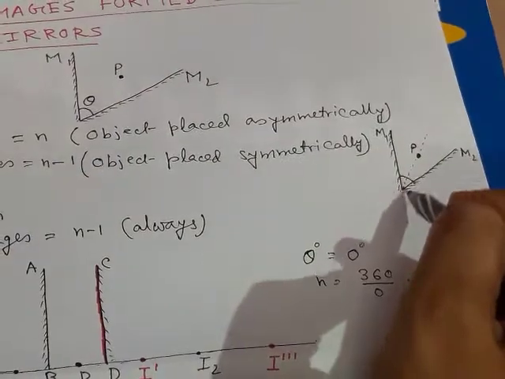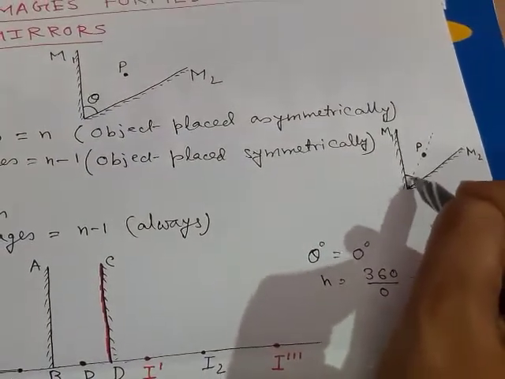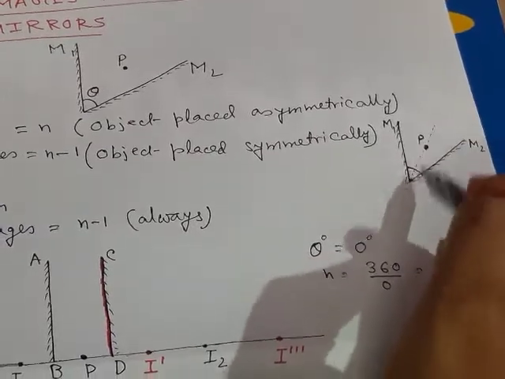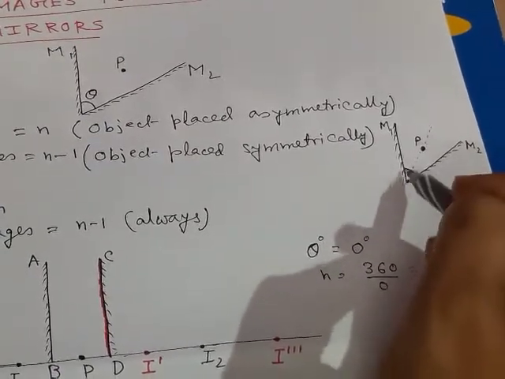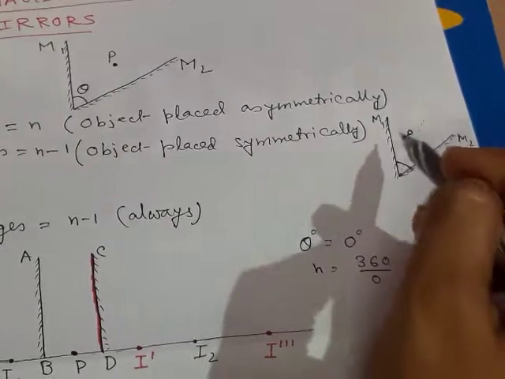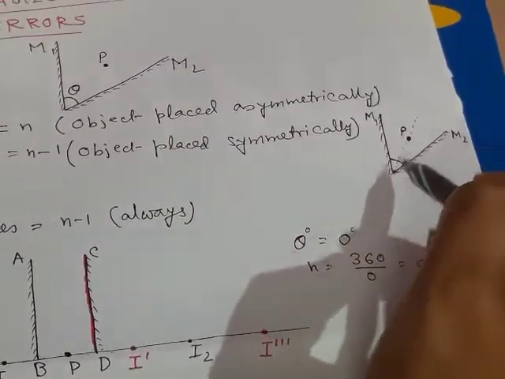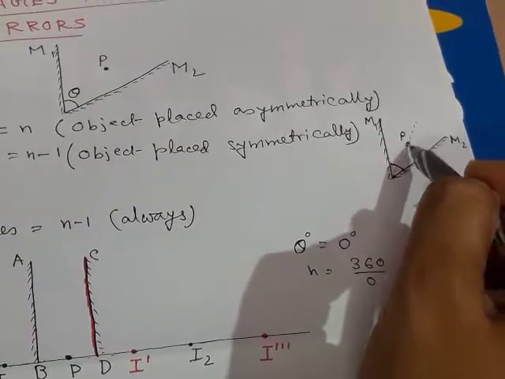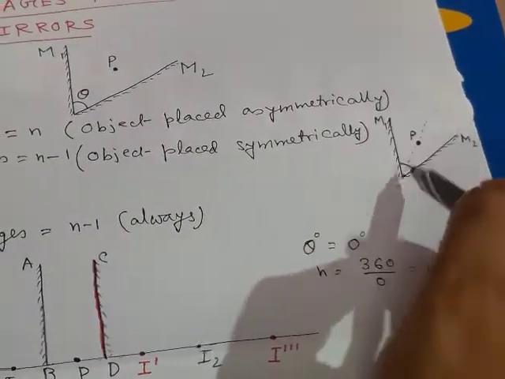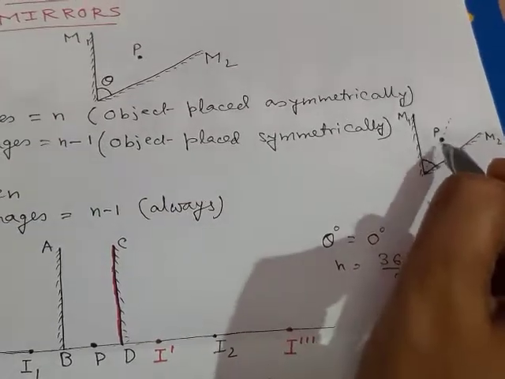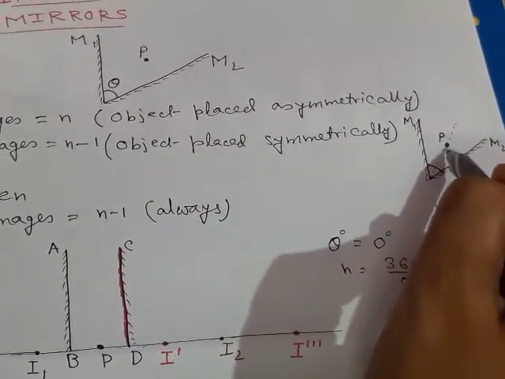Here you can see this line bisects this angle. This angle is divided by this line into two equal halves. This half is equal to that half. So this is the bisecting line of that angle, and the object is placed over this bisecting line. Then we can say that this object is symmetrically placed.